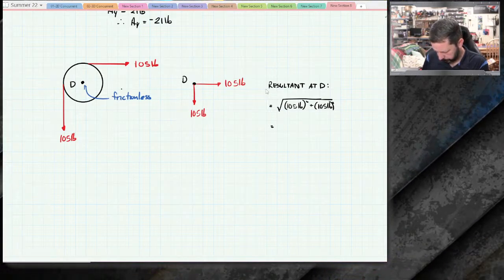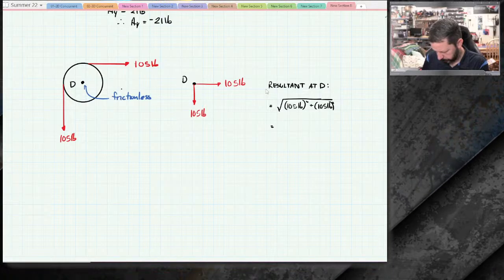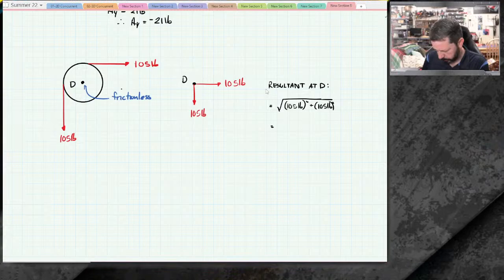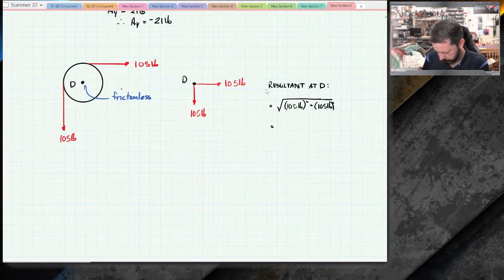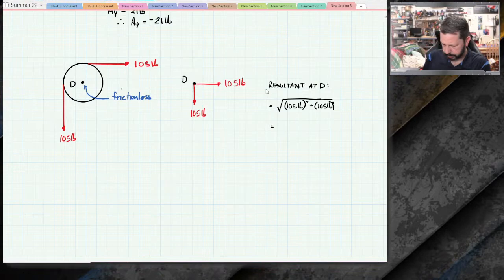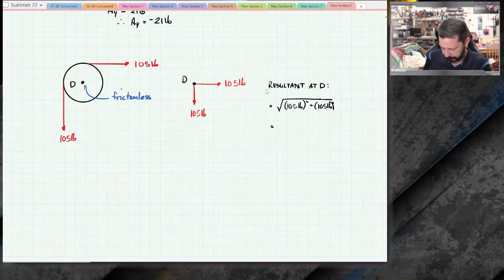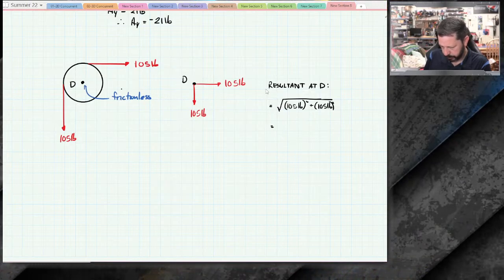Let's see. Oh, it didn't. Oh, that's silly. I think it's... No, that's not it. This is the calculator on my phone, and it's acting kind of strange.